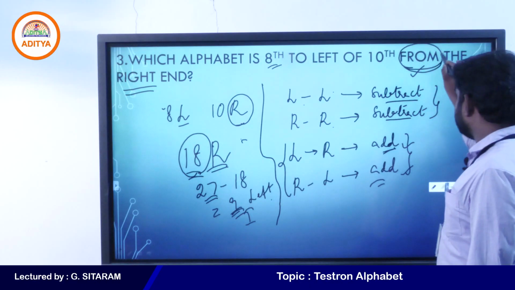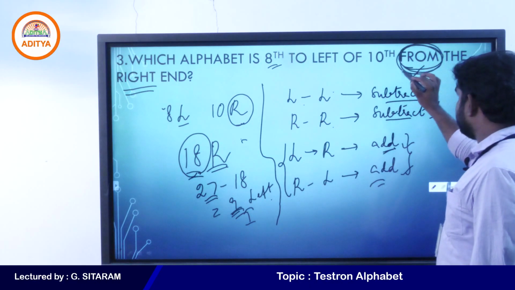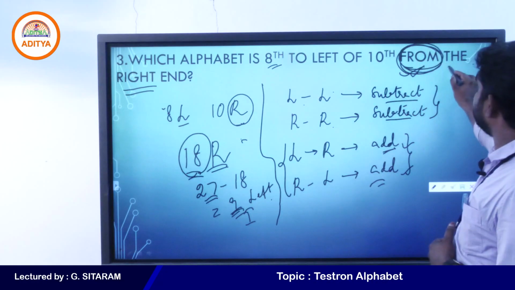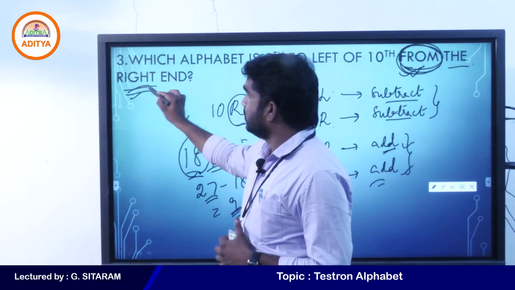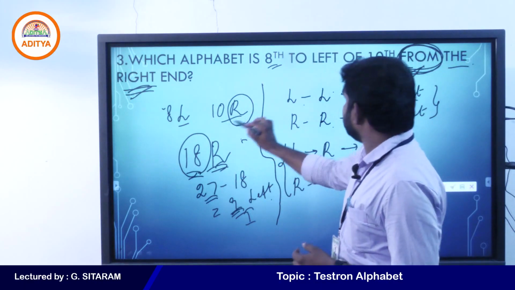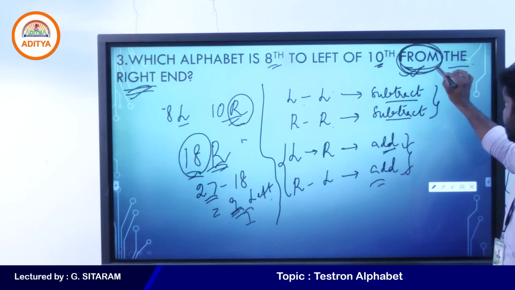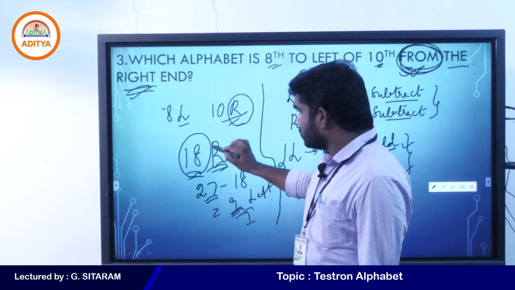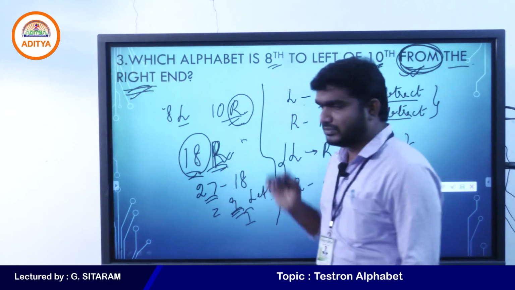Look at the keyword from. Here from is at the right hand, so you have to take the right hand direction. In that question, 10th from the right hand, from is there, so you take this direction. So 10th right hand. So after that I have got 18th from the right hand.